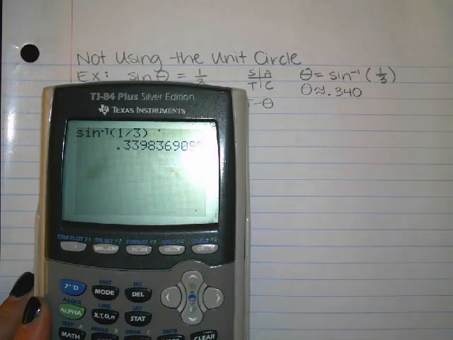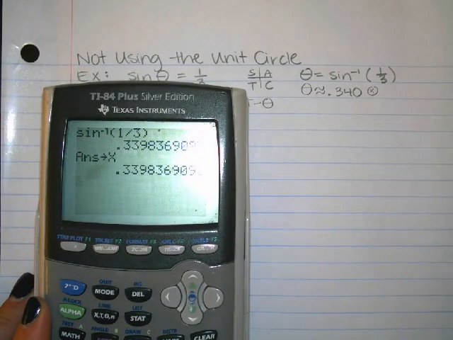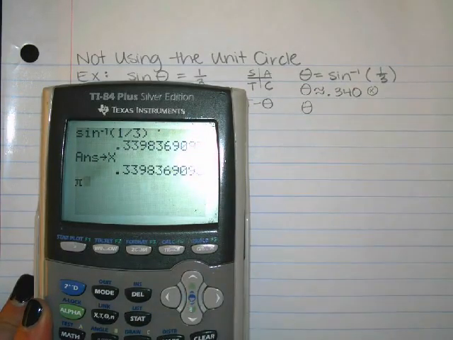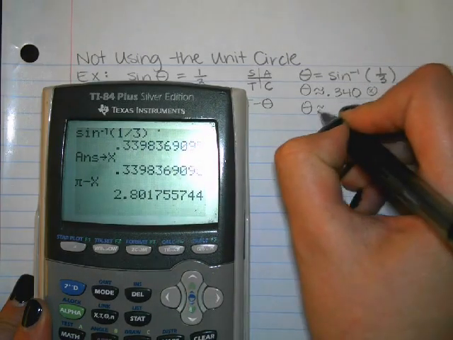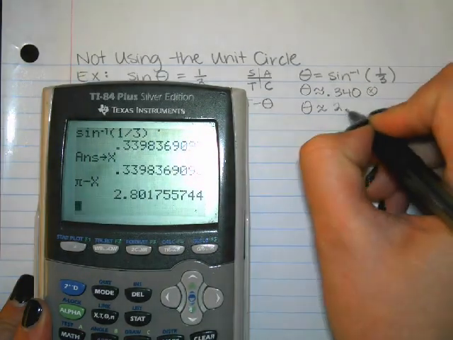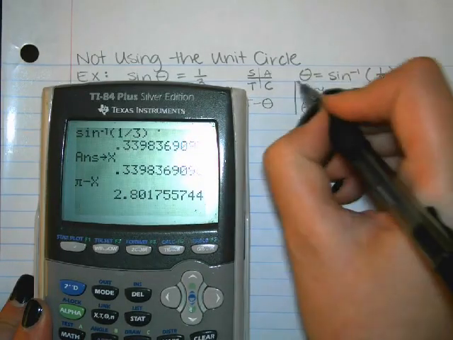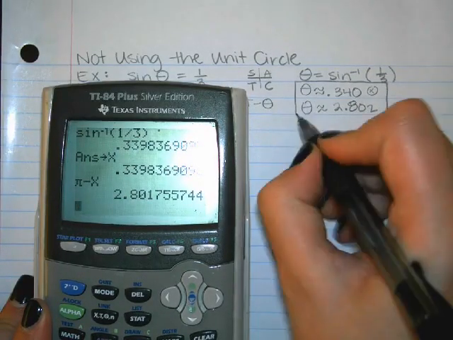So I'm going to store this as x on my calculator. And then my second theta is going to be pi minus x. And so my second theta is 2.802. There's my two answers.